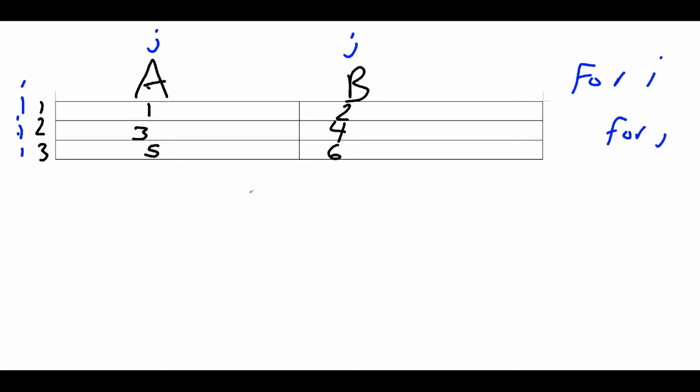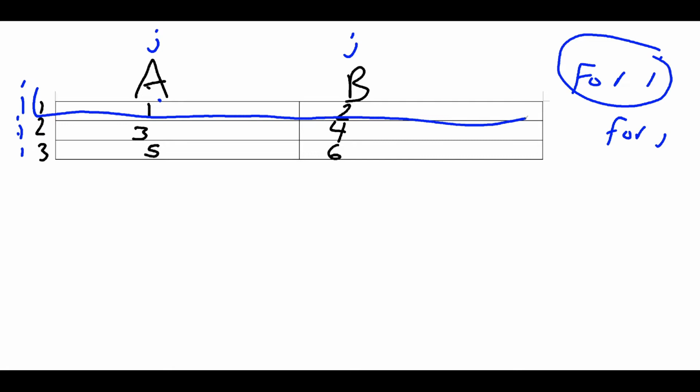What happens is this: the outer loop runs first. When we start, we start right here in the first row. After that, it runs the inner loop, which deals with the columns. After we find I1, we find J1, and after we're done with J1, we go to J2.